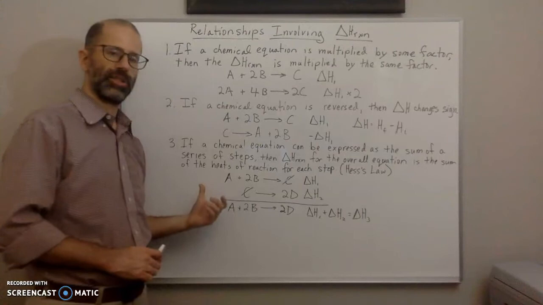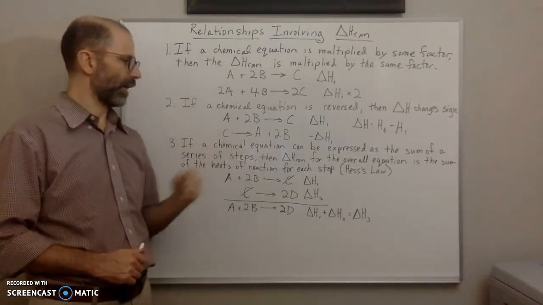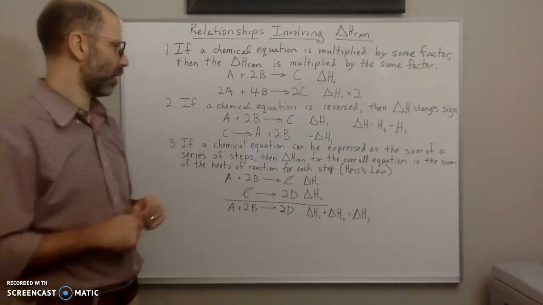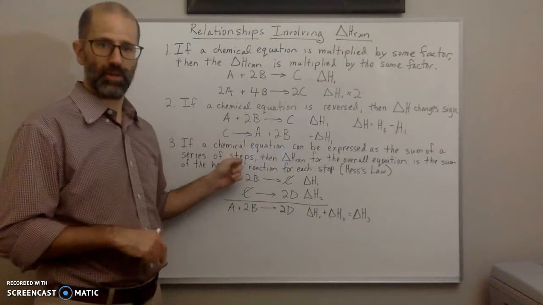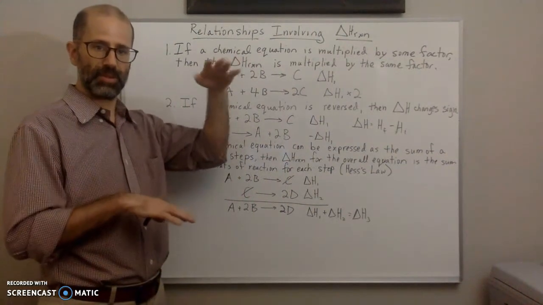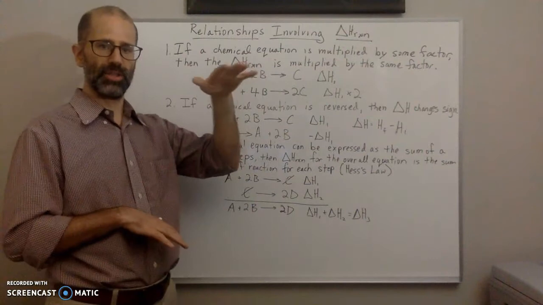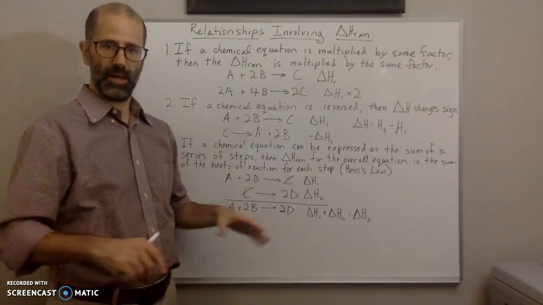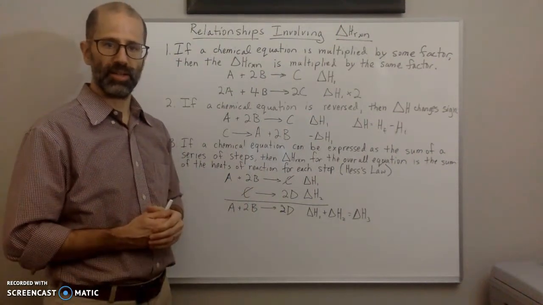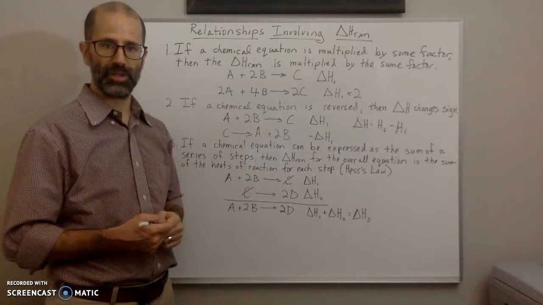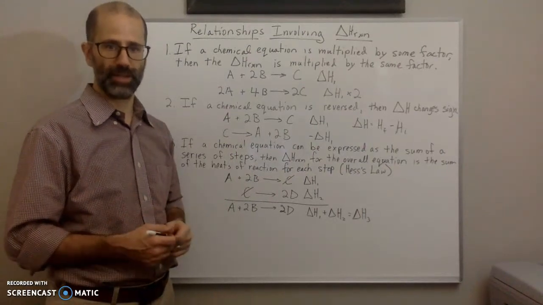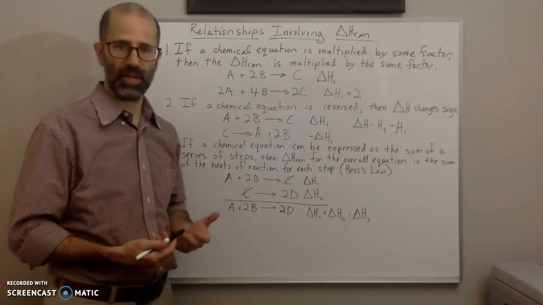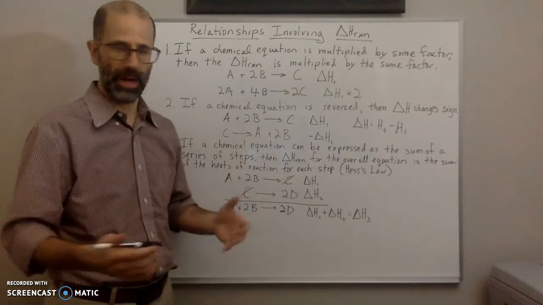And the final relationship is that if I have a chemical equation that can be expressed as a sum of different steps in the equation, right? So if I have steps or chemical equations that are multiple steps, and those can add up to the final equation, then so do the delta H's, or the enthalpies, or the heats of those reactions, add up to the delta H or the enthalpy of the overall reaction.